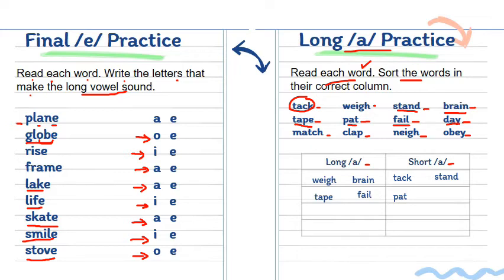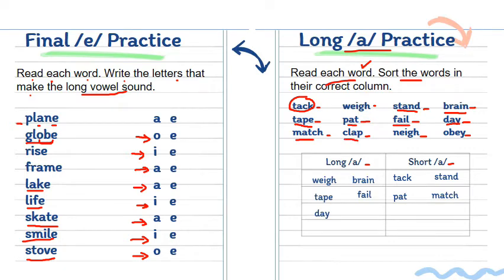The long A at the end of the word. So it goes in the long A column. Next, I have match. M-a-ch. Do I say the short sound of A or the long sound? M-a-a-a is the short sound. So it should be in the short A column.